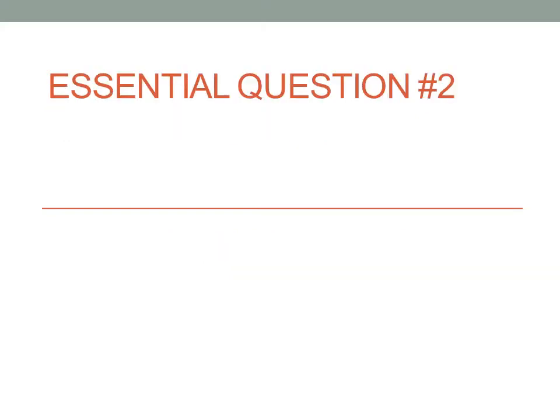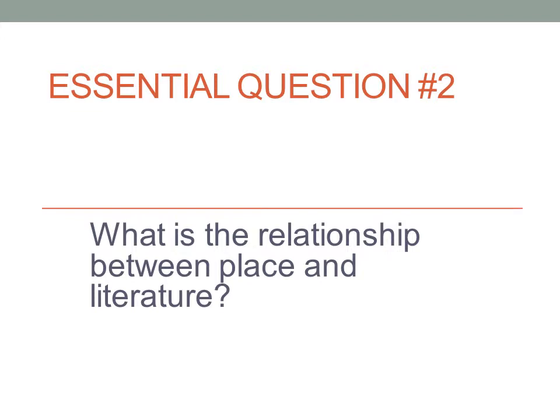The second essential question that we are going to study this year and that we're going to think about as we read is what is the relationship between place and literature? Each group living in America throughout its history has seen different possibilities in its existence.